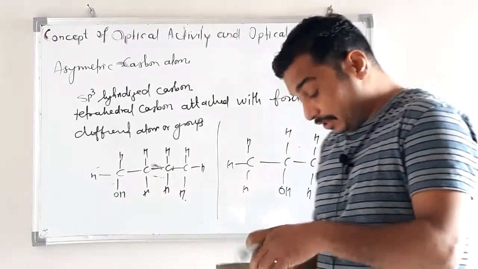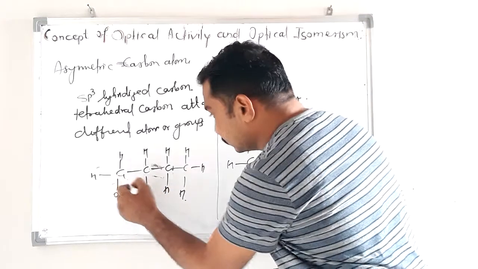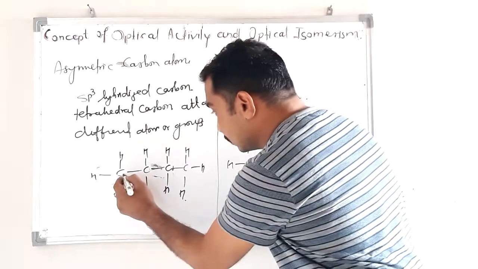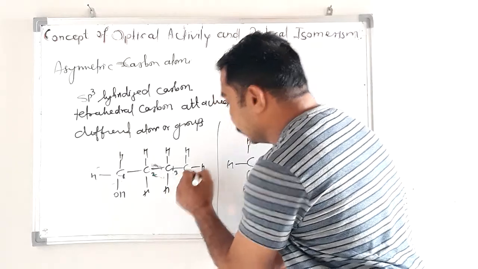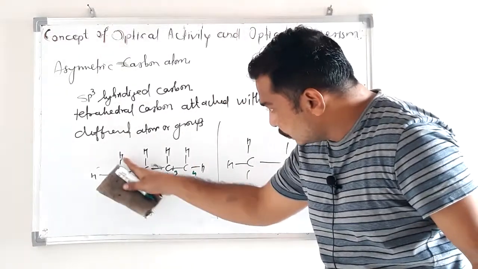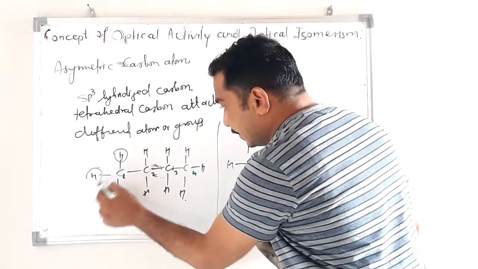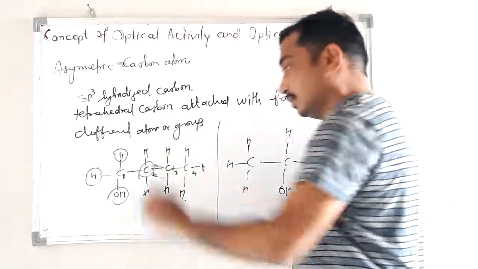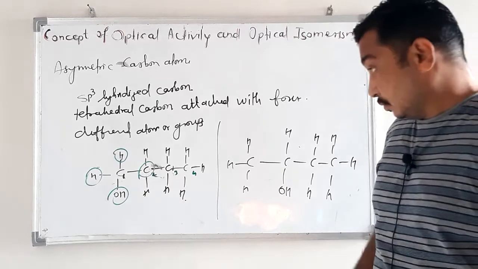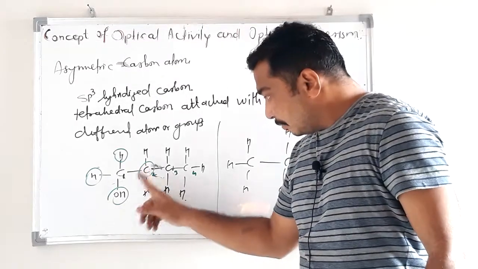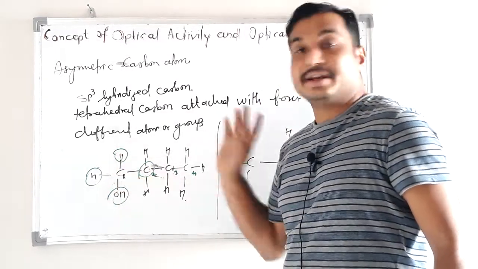Here this carbon number 1, 2, 3, 4: how many groups or atoms is it attached to? Hydrogen, hydrogen, OH, and here carbon. Are all different? No. OH group and carbon are different, but these two are identical.